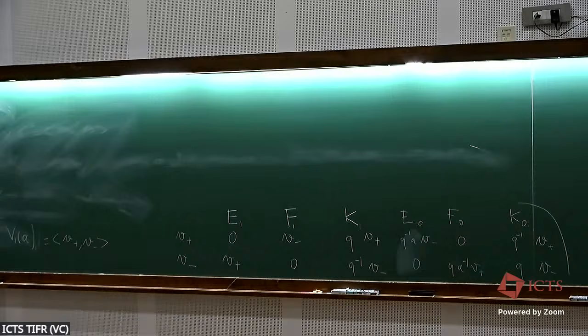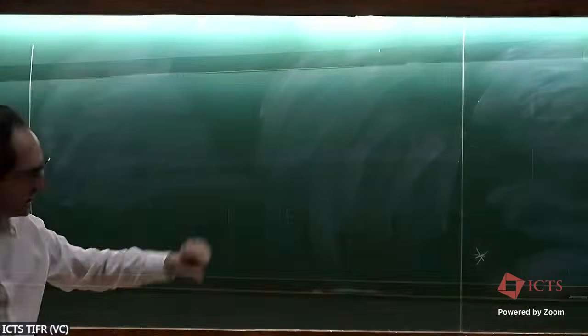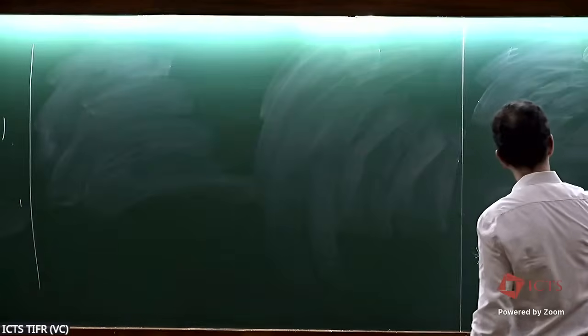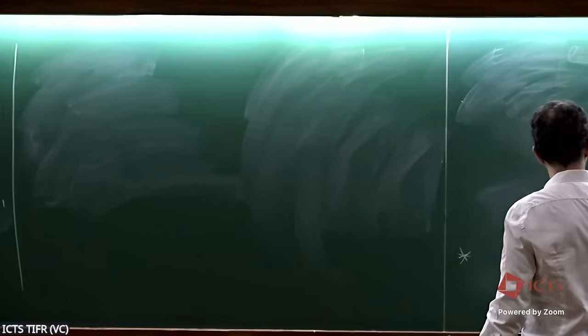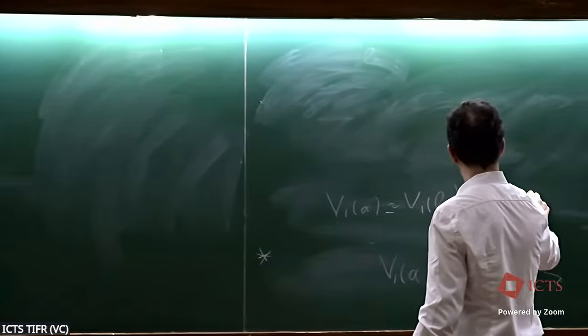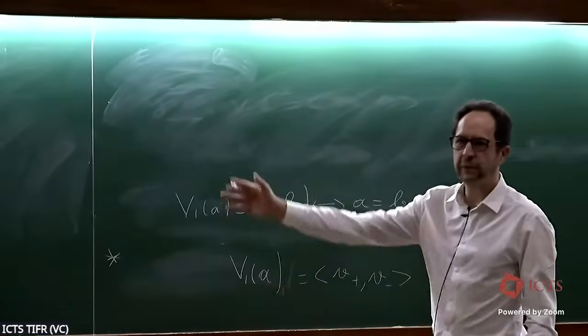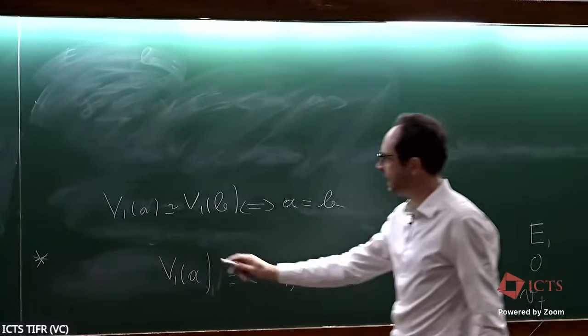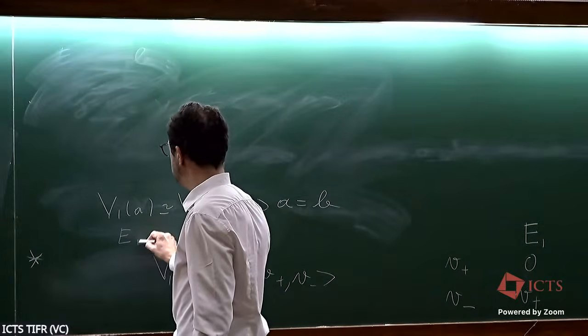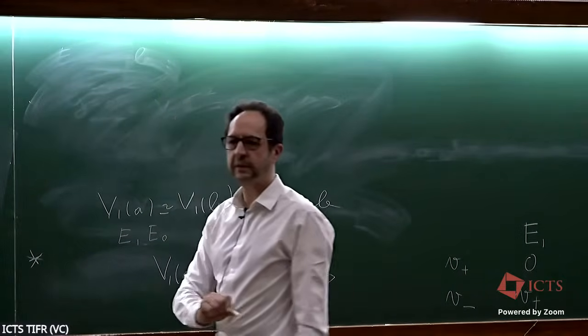Okay, good. So now we may. I just wanted to say that just by looking at this explicit action, you can check by hand that V1 A is isomorphic to V1 B if and only if A is equal to B. So which is a part of the theorem of classification, but in this case, you can check it just by looking at the eigenvalues of E1 composed with E0.